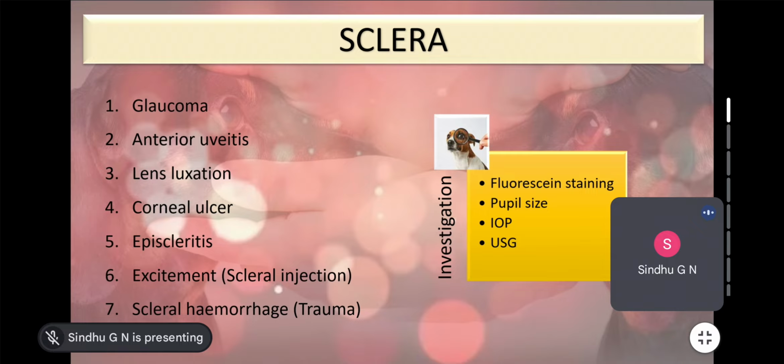Episcleritis, excitement again, scleral injection or increased vascular supply to the sclera due to excitement can cause redness of sclera. Then scleral hemorrhage due to any kind of trauma. We can see such scleral hemorrhage in proptosis cases. Traumatic proptosis, the eyeball will be outside and the entire sclera will be red.